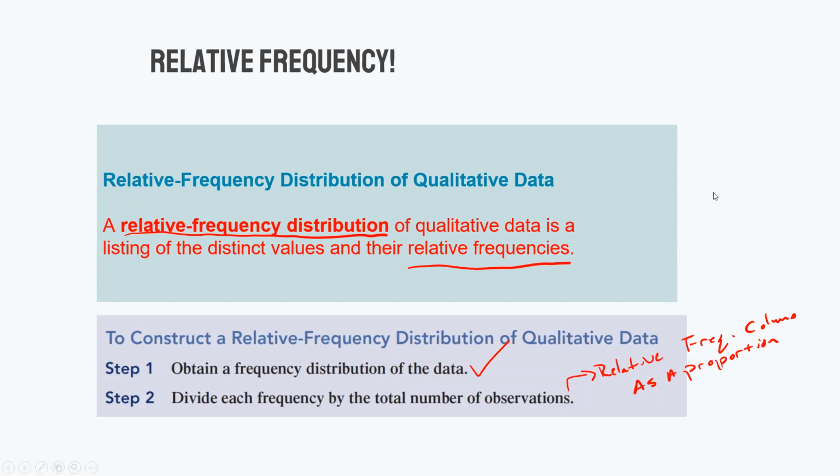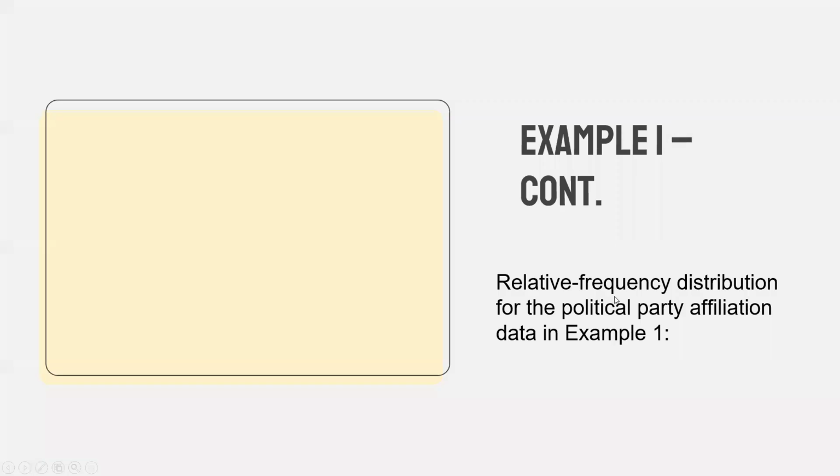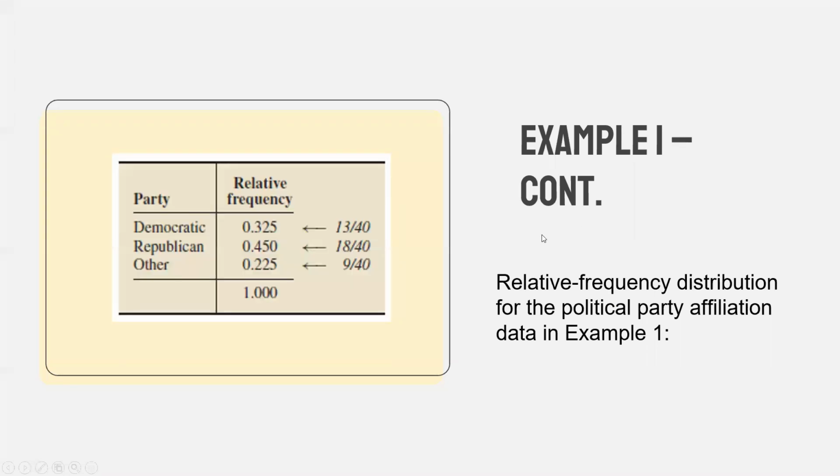Right, it's pretty straightforward for that. So to add that relative frequency column, for the Democrats, there were 13 Democrats, and you are going to divide it by the total. So you divide the counts of each class by the total number of observations.